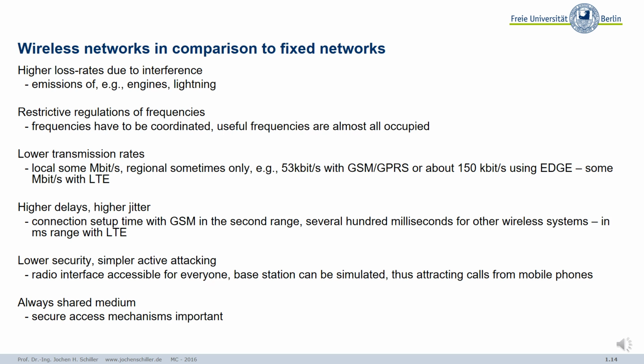Overall, the transmission rates are always lower in wireless systems. Yes, you might think of, oh, at home my DSL is only whatever 20 megabit per second, but LTE is 50 or 200, as the commercial says. Yes. The big difference is usually if you have a more or less stable DSL system and a good operator, you will get your 10 or 20 megabit per second, whatever is promised, almost.